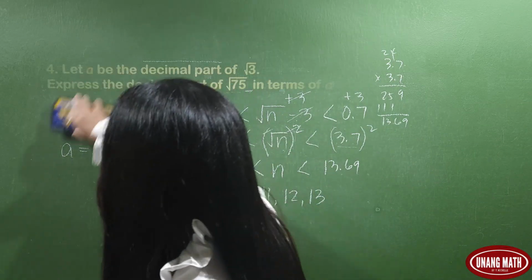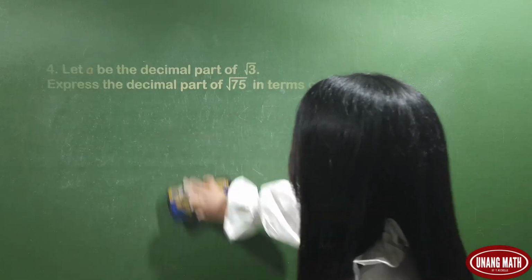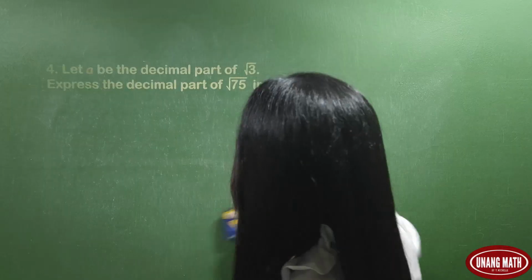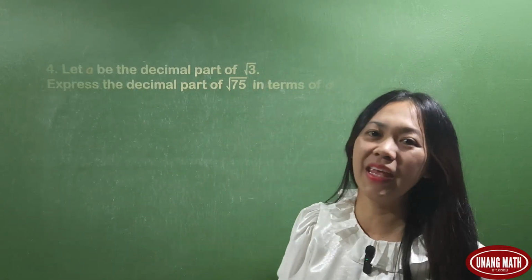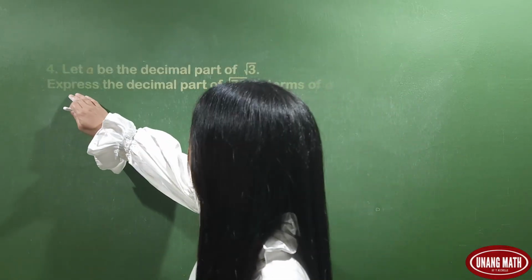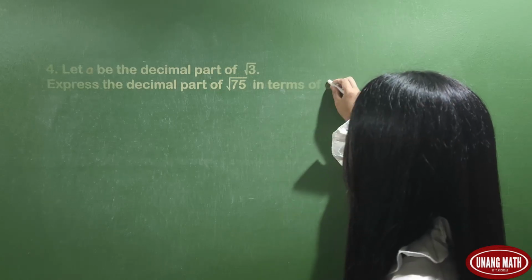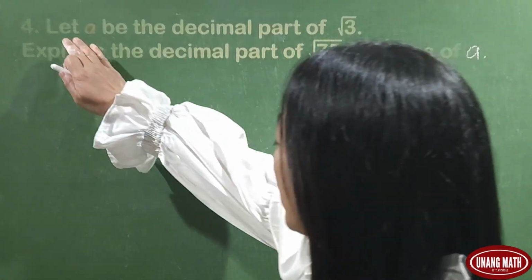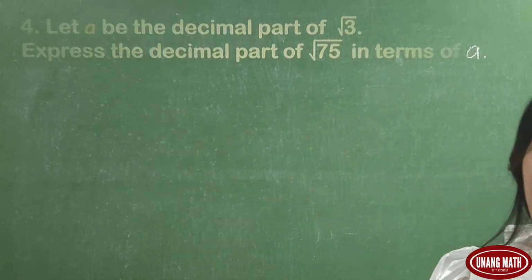Okay, how about this another problem? Let's also answer this. Okay, we will let A be the decimal part of square root of 3. Express the decimal part of square root of 75 in terms of A. According to this, A is the decimal part of square root of 3.